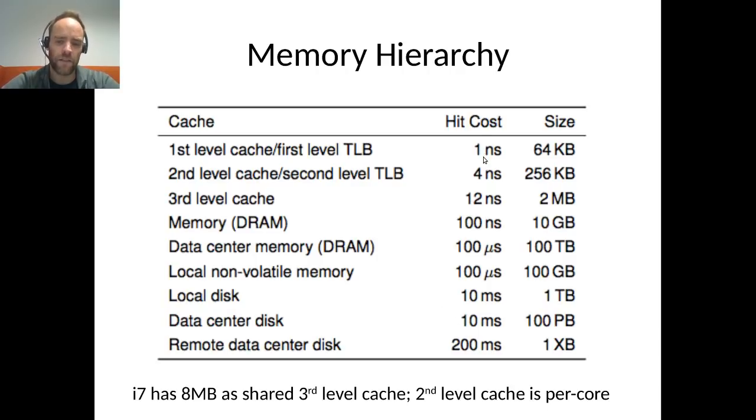Also, the cost decreases generally. So for very small memories, you could pay a lot more per megabyte, for example, than for very large memories. And we can go all the way down to disk, data center, and remote, network-based disk. So the latency and the hit cost grows as we go down.